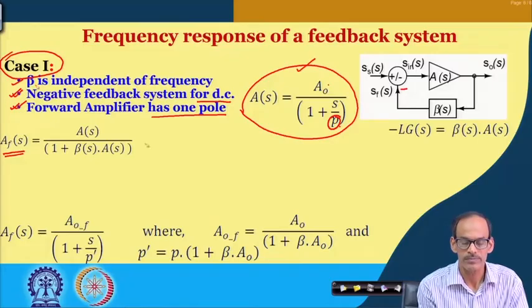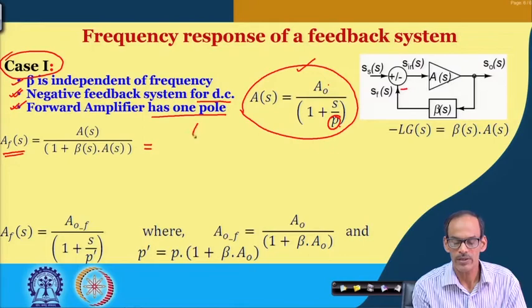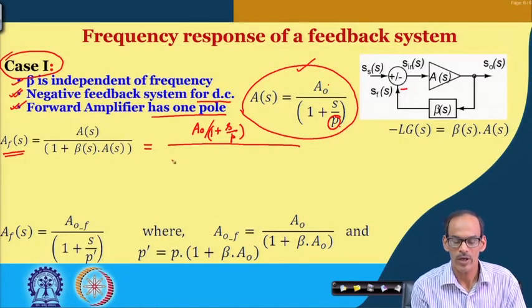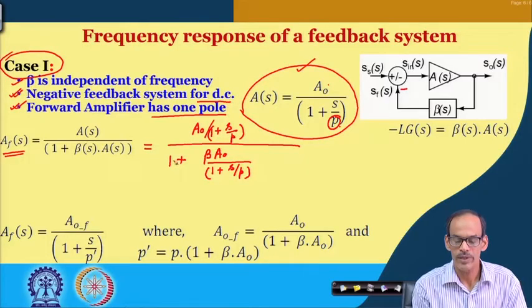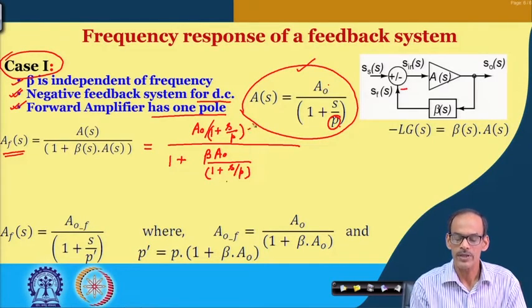independent of frequency. So, if you write the expression with this A(s), what we get in the numerator is A naught divided by 1 plus s divided by P, and in the denominator we have 1 plus beta into A naught divided by 1 plus s divided by P. Now, this factor we can take and it will come in the denominator of the denominator, so that part gets cancelled.